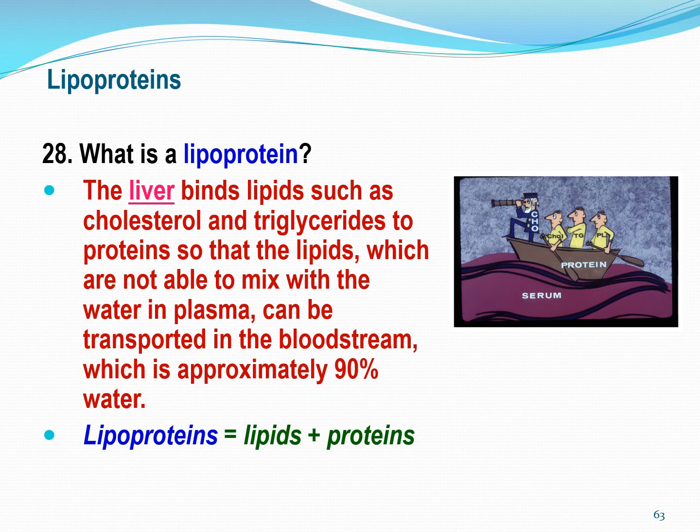It floats on top. So for us to move cholesterol and triglycerides from one place to another in our bloodstream, our liver has to bind it to a protein so that it can move through the bloodstream. So lipoproteins equals lipids plus proteins.